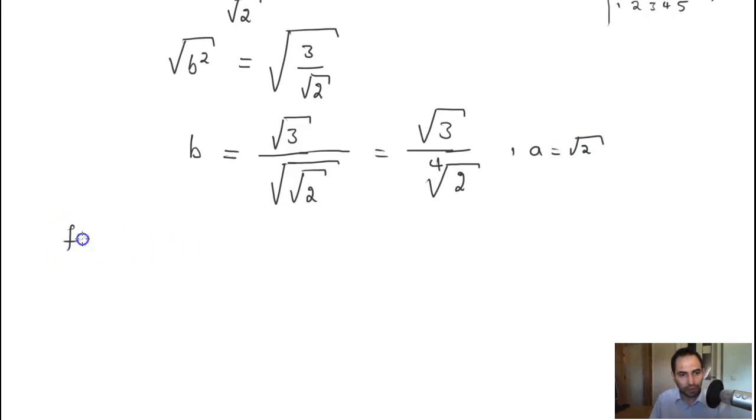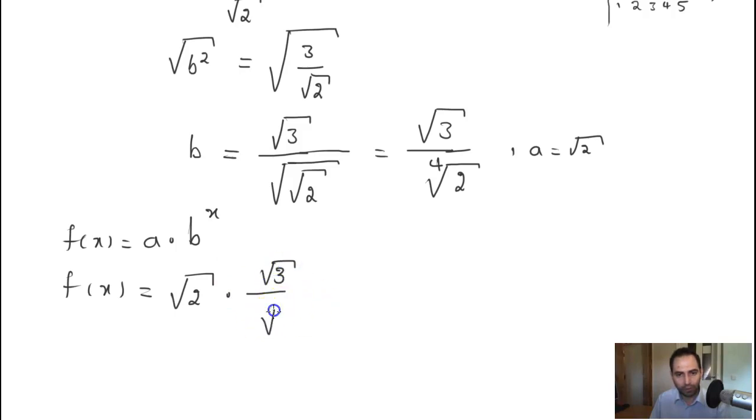So your f of x, which is a times b raised to the power x, is equal to a, which is square root of 2, times the square root of 3 over the 4th root of 2, whole raised to the power x.